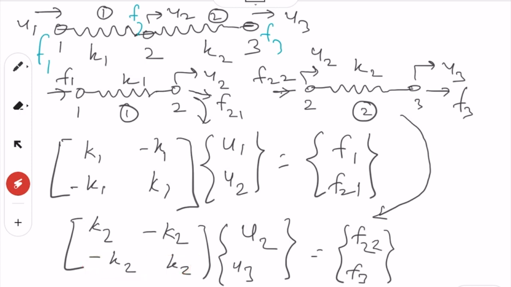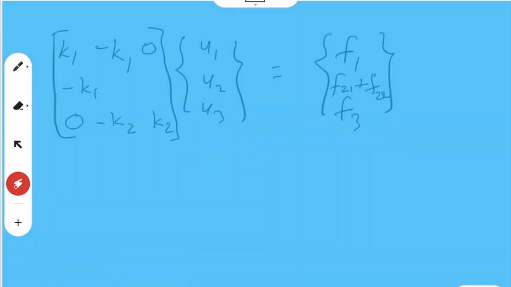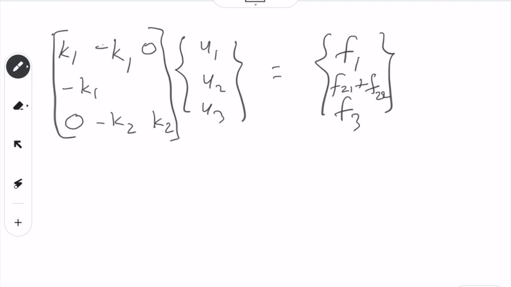So, as far as f3 is concerned, there is no coefficient of u1, right. So, the coefficient of u1 equals 0, because the last equation is minus k2 multiplied by u2 plus k2 multiplied by u3 equal to f3. Hence, u1 does not appear there, that really means the coefficient of u1 is 0.